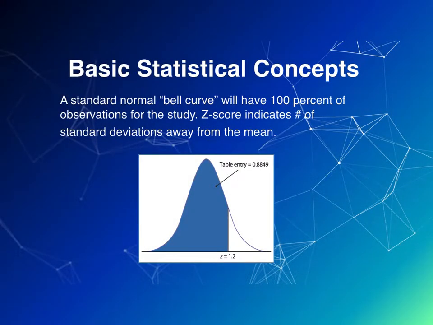Here's a standard bell curve, and what you can take from any bell curve is that 100% of the observations for a sample are within that curve. 98 or so will be between the right of that line or to the left of the second line.